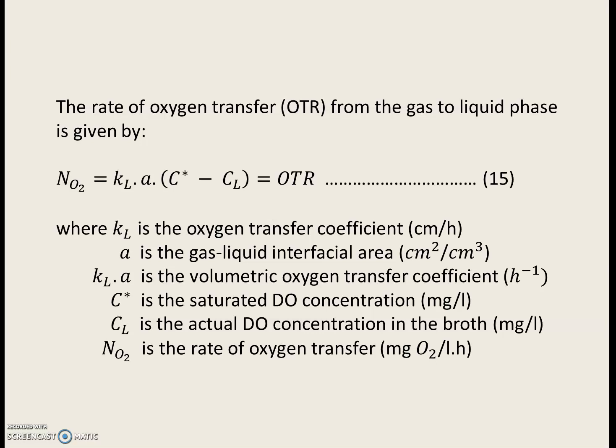The combination KLA is known as the volumetric oxygen transfer coefficient, which is an important parameter in mass transfer in the fermenter for aerobic fermentation. C star is the saturated dissolved oxygen concentration, usually referring to water, and CL is the actual dissolved oxygen concentration in the broth, which is recorded during the fermentation. NO2 is the rate of oxygen transfer, the OTR.